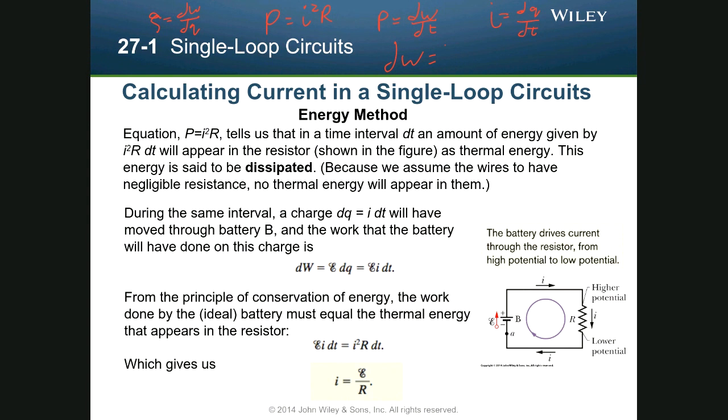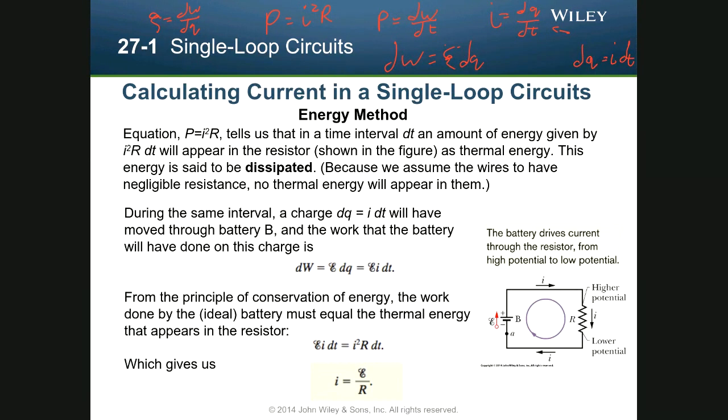It's dW equals squiggle dq, right? And from the definition of current, we can say that dq equals I dt.